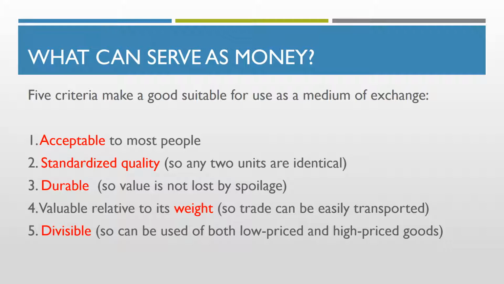When the money is divisible, you can actually pay 25 cents for an apple at Trader Joe's, or you can pay a $10 bill to get the Coca-Cola from supermarkets, where people can always give you back the change in return. So it makes exchange so easy and so convenient.